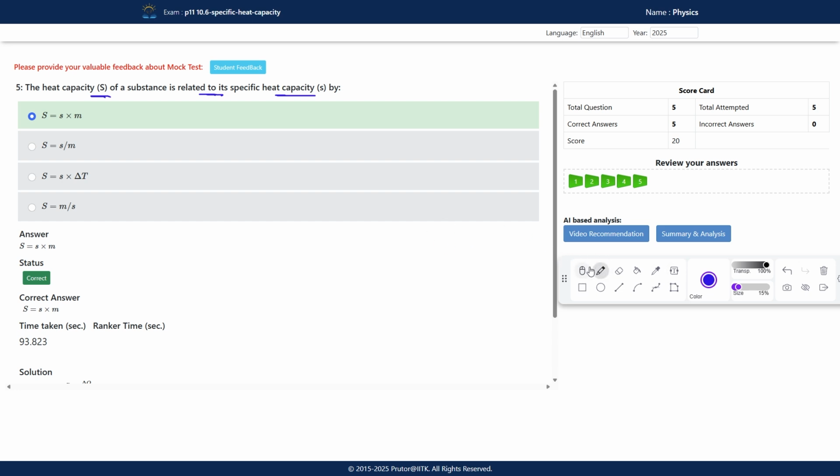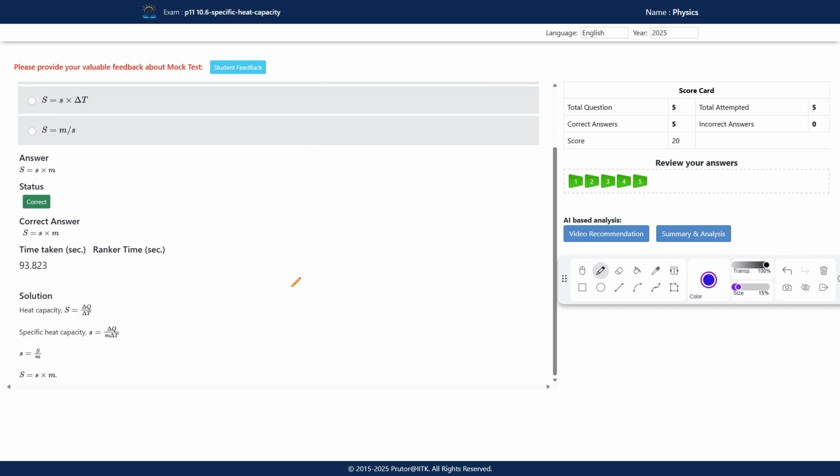We know capital S is equal to delta Q divided by delta T. Small s will be S by M, that is, s is equal to 1 by M into delta Q divided by delta T. So we can say capital S is equal to s into M. The correct relation is this one. This is a very simple question.